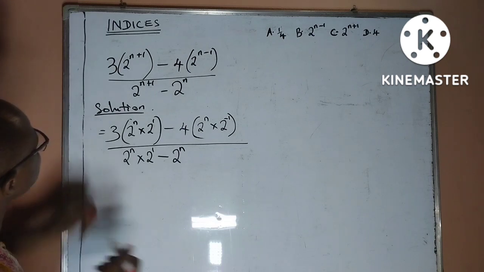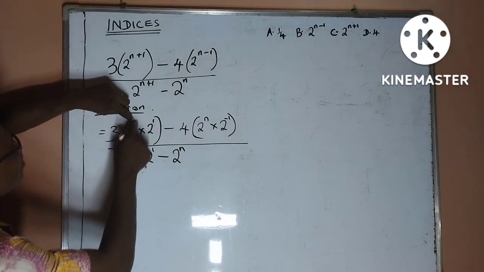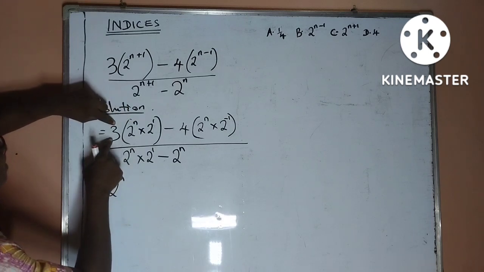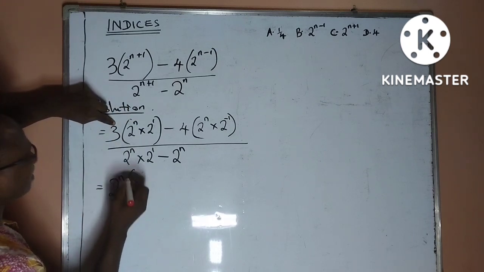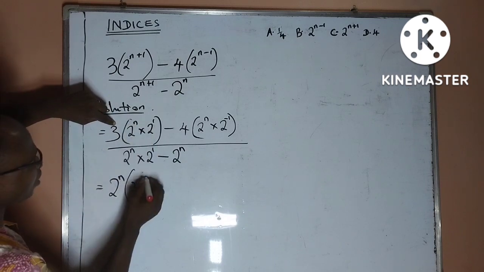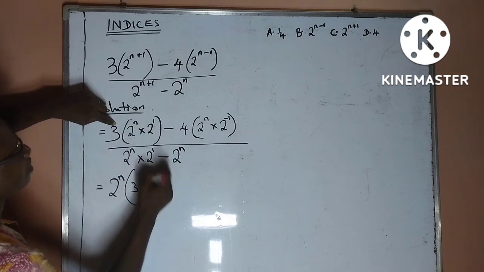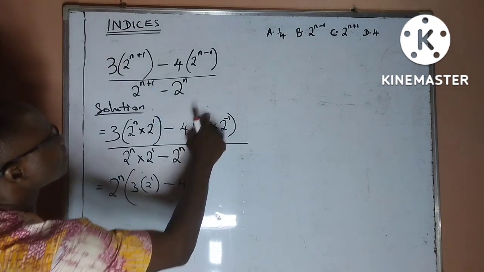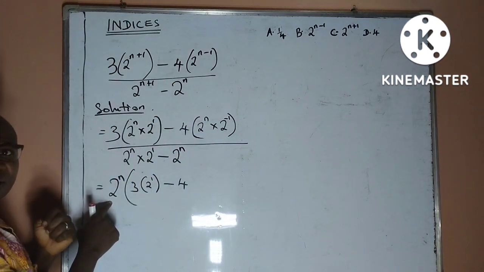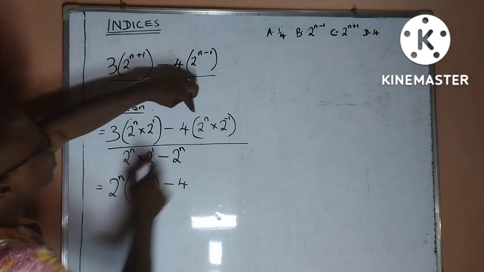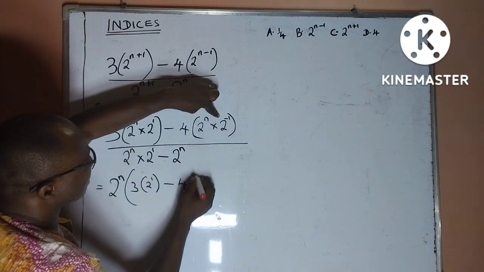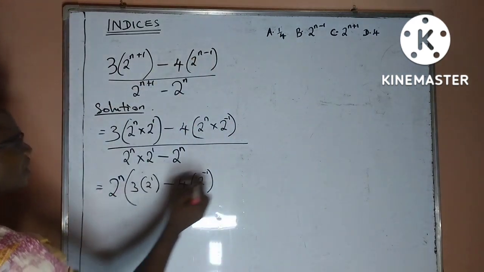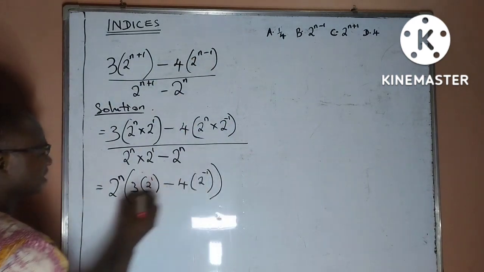So I will factor out this 2 raised to the power n. It will come outside, meaning that what I have inside now is 3 multiplied by 2 raised to the power 1, minus 4, and what I still have inside is 2 raised to the power negative 1. Very good. So I will close the big bracket.